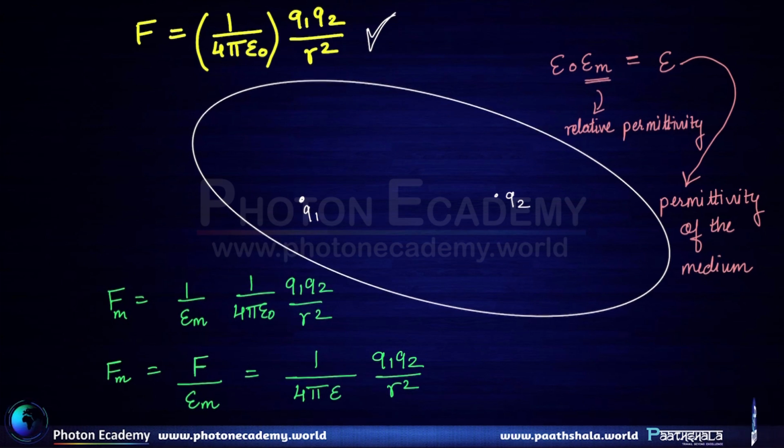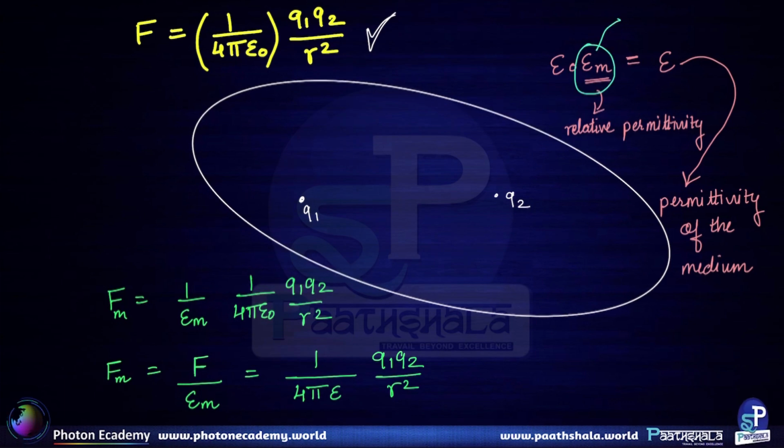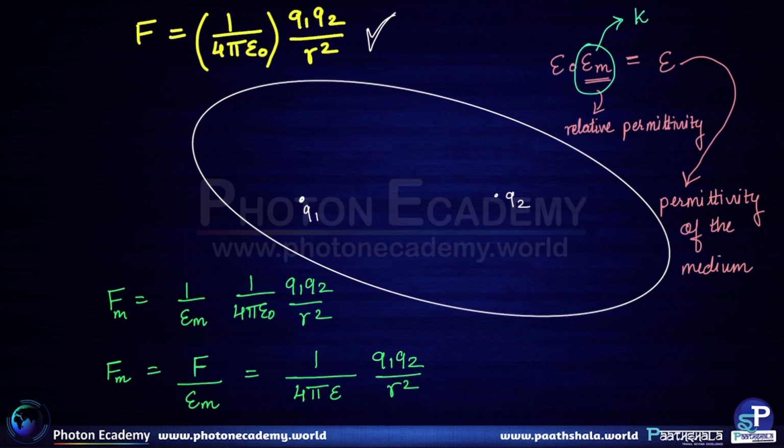So this quantity epsilon m is sometimes represented by k, also called the dielectric constant of the medium. Note that this k is completely different from this k. 1 upon 4 pi epsilon naught was also earlier represented as k.